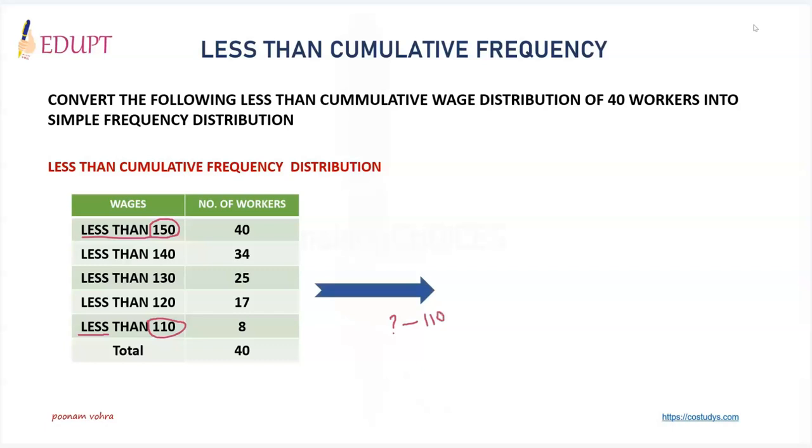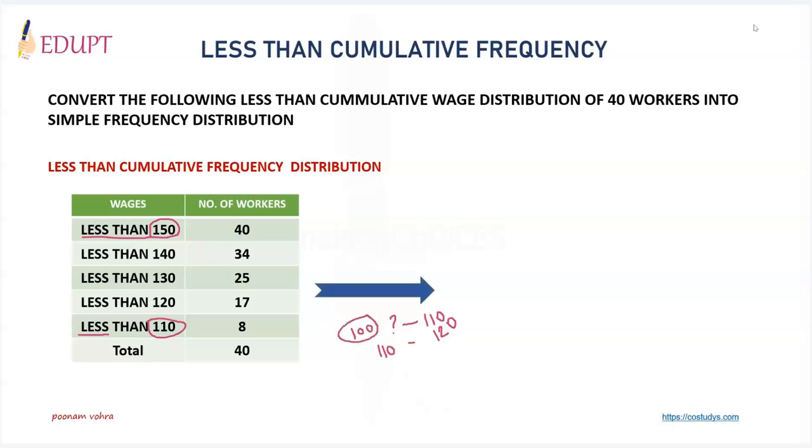110 and the next would be 110 till 120 as is given in the question. Then after that it would be 120 to 130, 130 to 140 and 140 to 150. So if there is a difference of 10 in each case, obviously here also the difference would be 10 in each case, and it will be then 100.